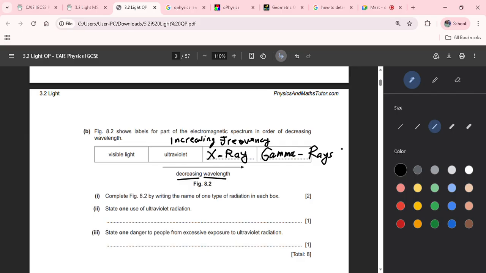Okay, step one, use of ultraviolet radiation. Can you mention what is the use of ultraviolet radiation?